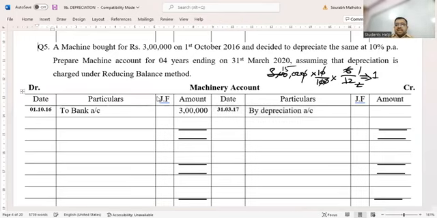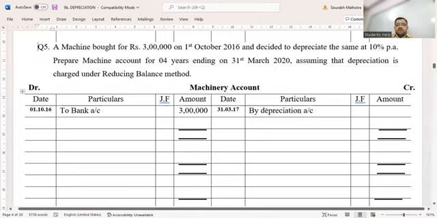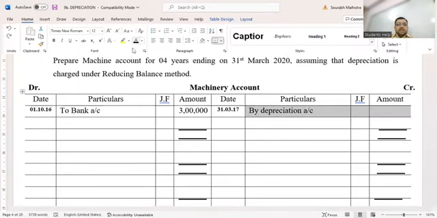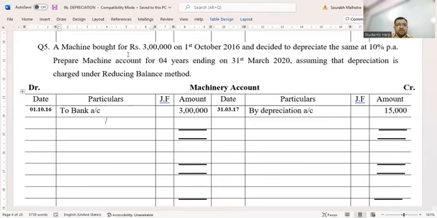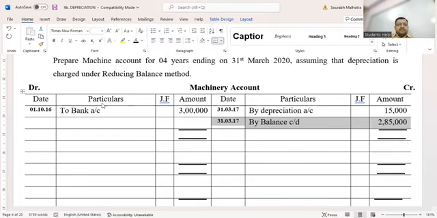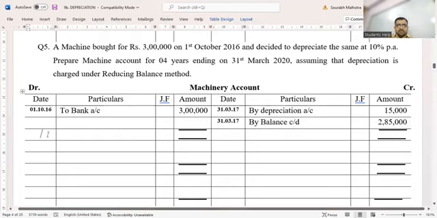So let's put the value. So by depreciation, how much amount will we be putting, children? 15,000. Debit side, children, 3 lakhs. Credit side, 15,000. Which side is short? Credit side. By what amount? 2,85,000. And the total would be how much? 3 lakhs.